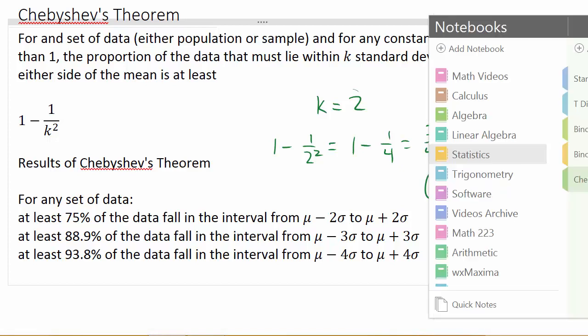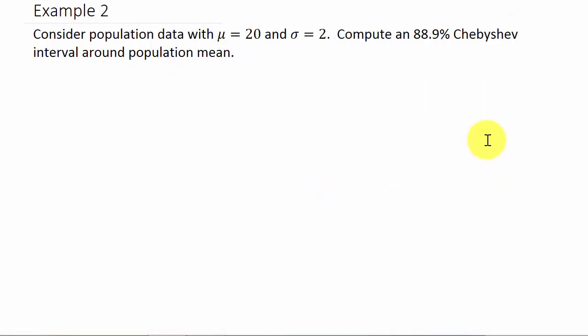All right, so let's go ahead and get this. We know here that K is equal to 3. That's 3 standard deviations about the mean. We just saw that on the other page. So we've got mu minus 3 sigma, since we're dealing with the population mean and population standard deviation, to mu plus 3 sigma, and now we just plug this in.